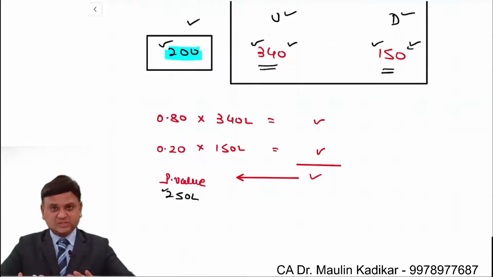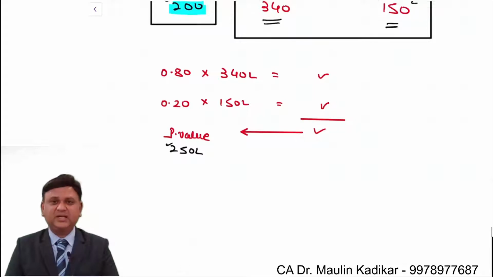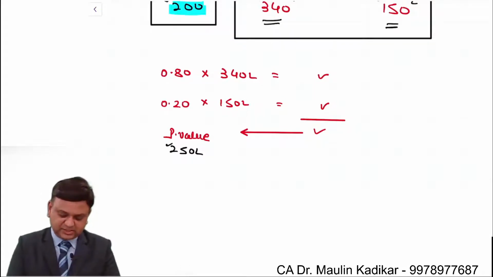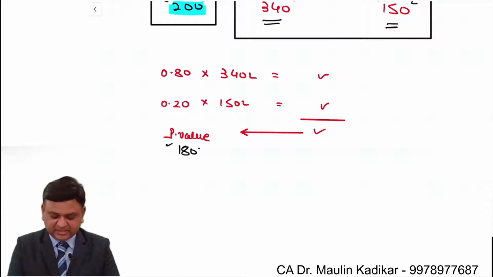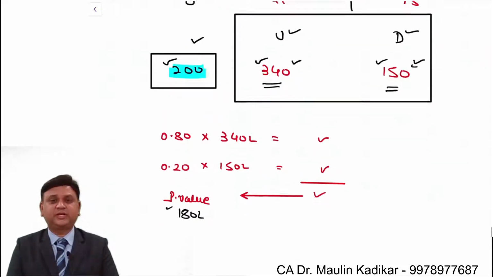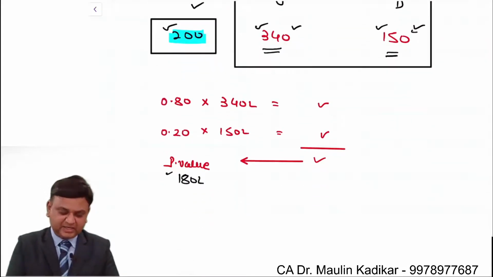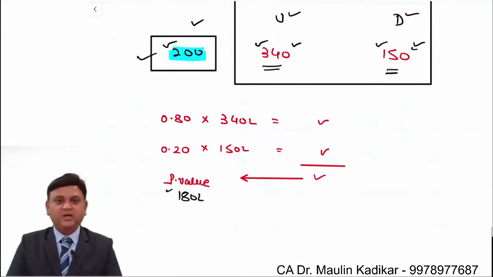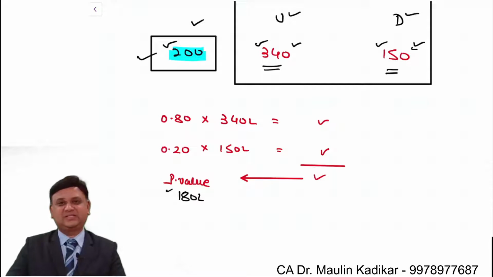And suppose this answer is less than 200. Suppose this answer is 180 lakhs. Then in that case you should do the construction today itself, which will fetch you a profit of 200 lakhs.